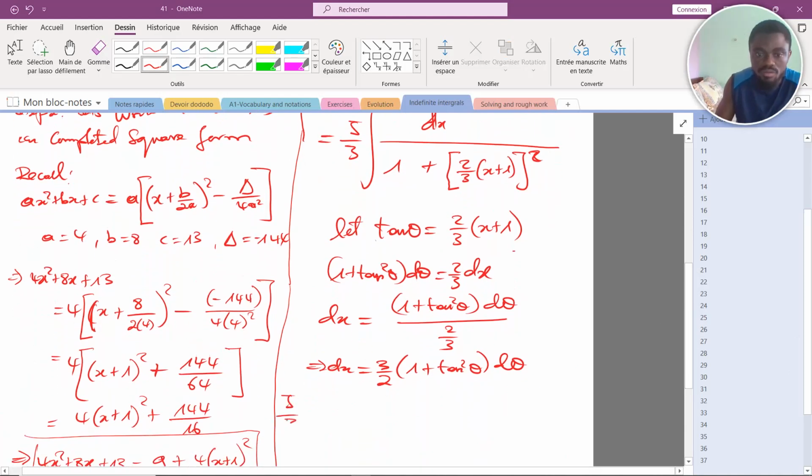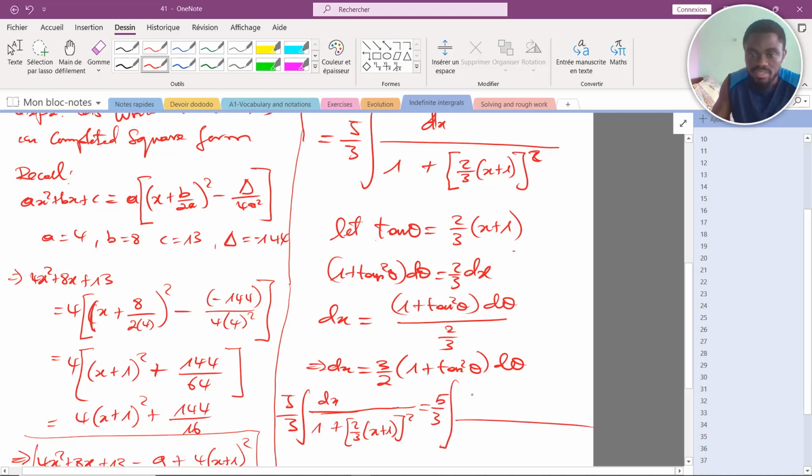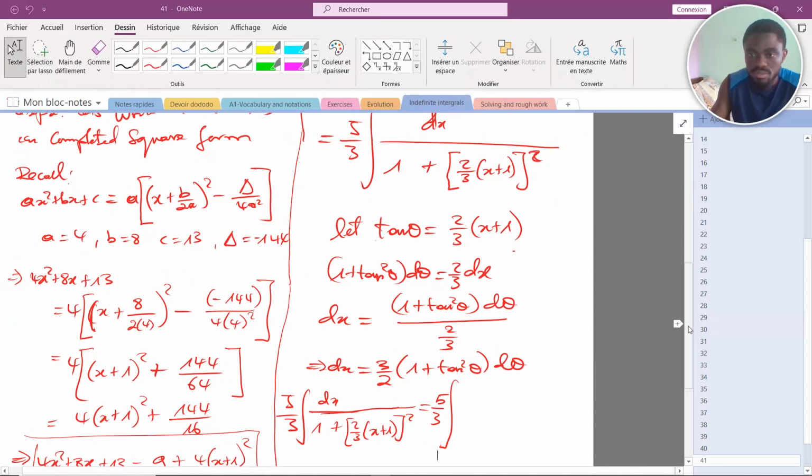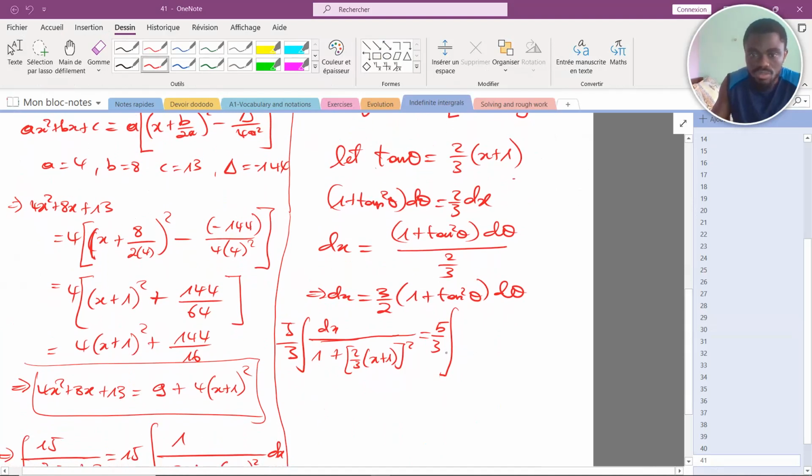So 5 on 3 integral of dx over 1 plus 2 on 3 into x plus 1, all that squared, will be equal to 5 on 3 integral of, I replace my dx by 3 on 2 times 1 plus tan squared theta d theta, all over, what was our substitution?